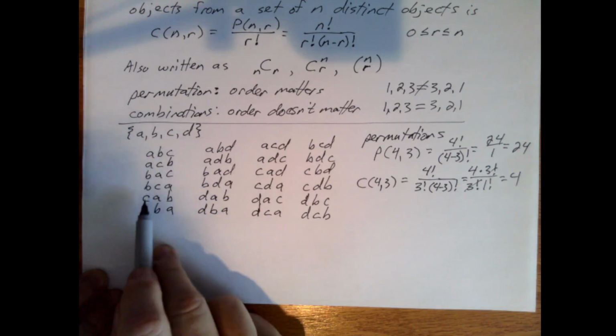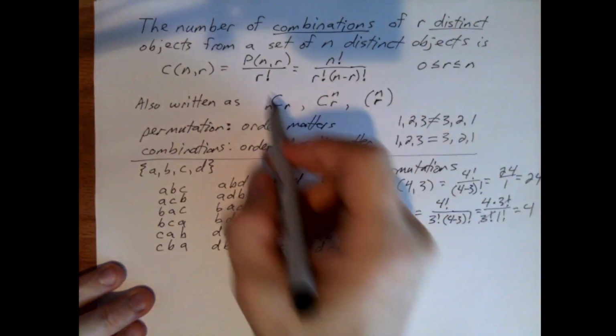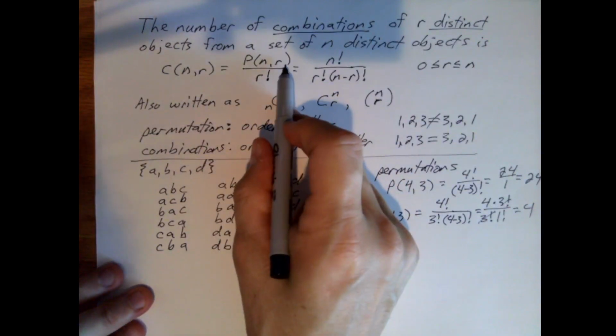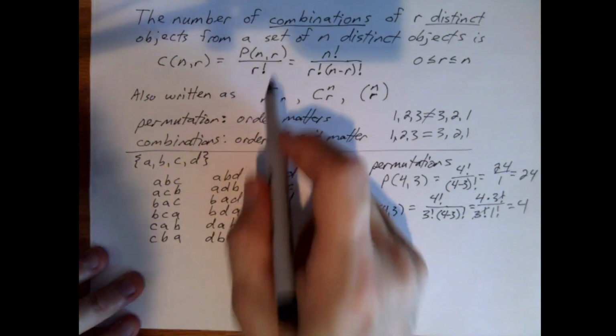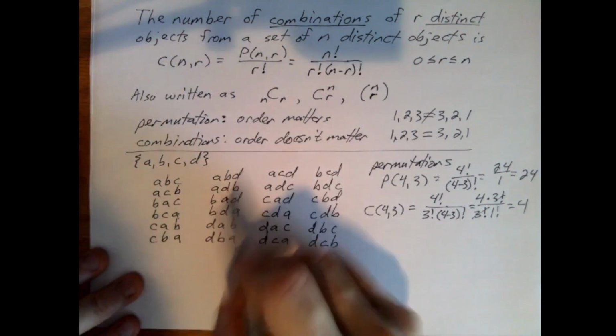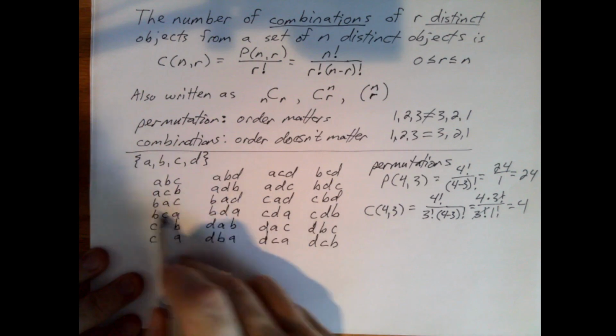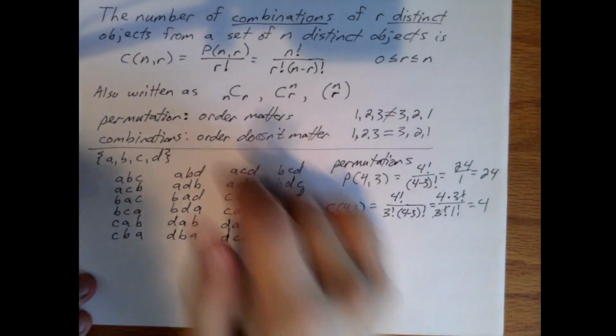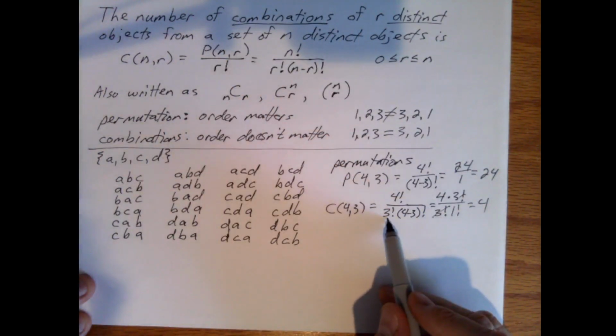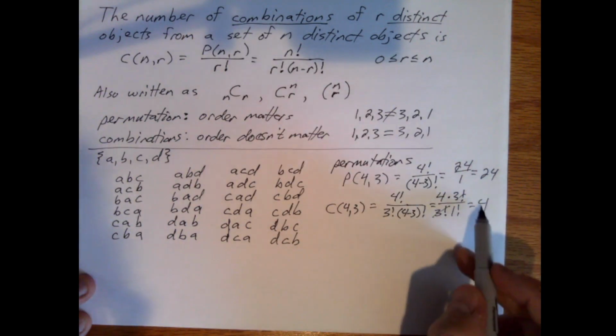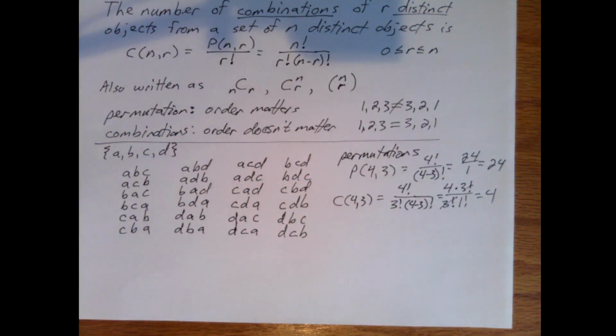There's only 1 combination. So that's the reason why we have this over here. You take the number of permutations and divide by how many redundant arrangements there are. There's really 6 for each of these. And that's why we divide by the 3 factorial, which is 6, and that gives us the 4. All right.